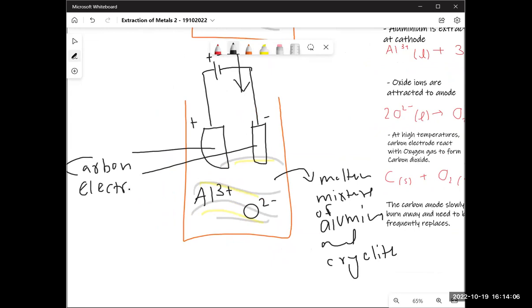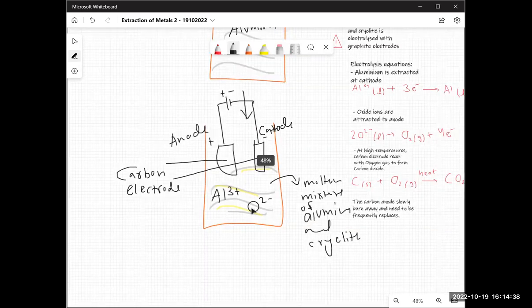Quickly tell me, Diana, where will Al3+ go, the negative or positive electrode, cathode or anode? Cathode, because it's positive so it goes to negative. Zahara, where will O2- go? Anode.